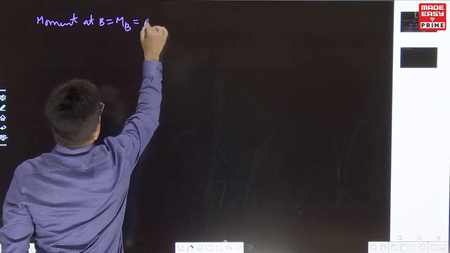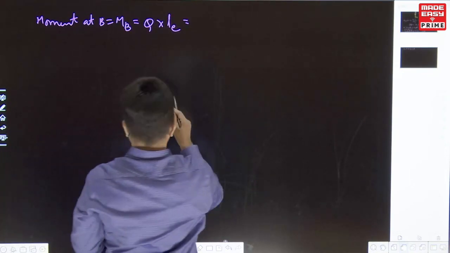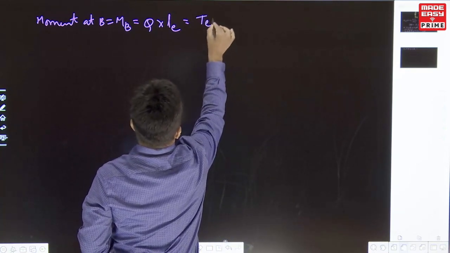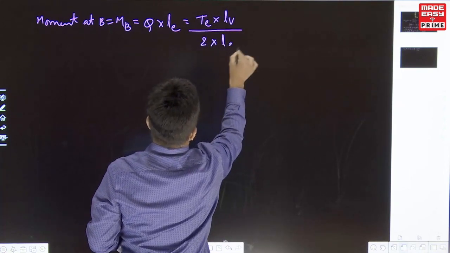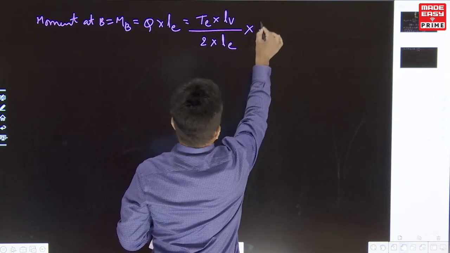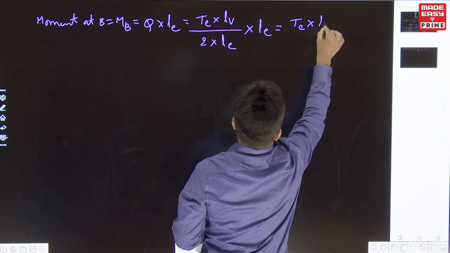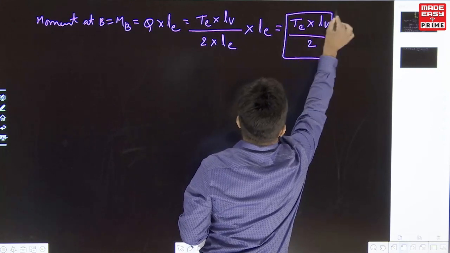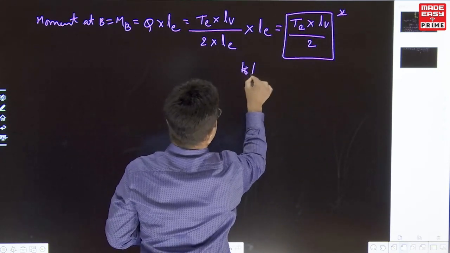Moment at B is Q into LE. Either you see from this side or from that side. Q value we know already, TE into LV by 2 into LE. Now into LE, so you will get TE into LV by 2. This value we will get. Also remember this one.